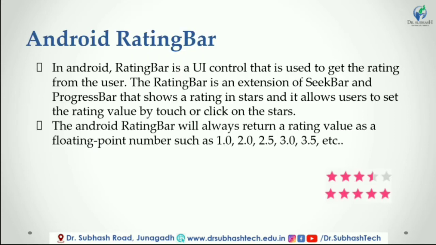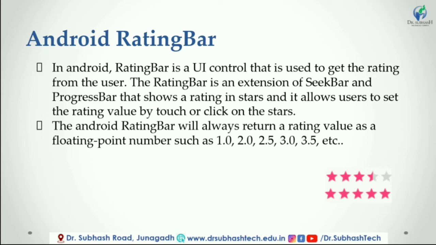Now next topic is Android rating bar. In Android, rating bar is a UI control that is used to get the rating from the user. The rating bar is an extension of seek bar and progress bar that show a rating in star.